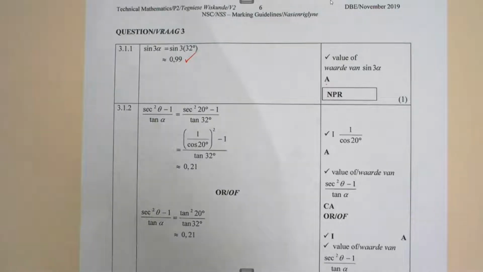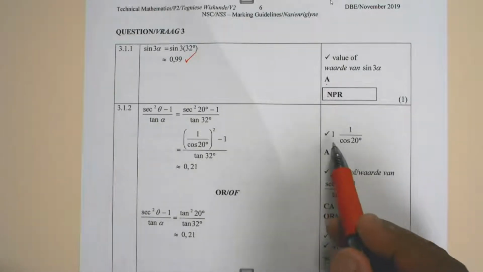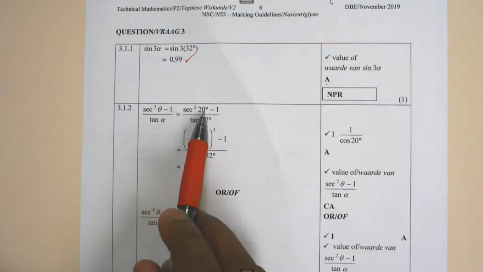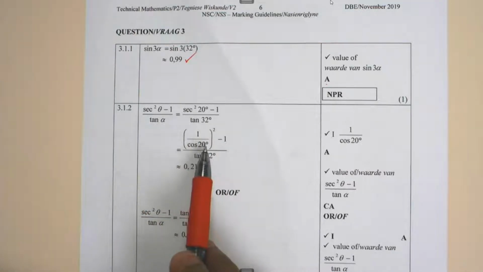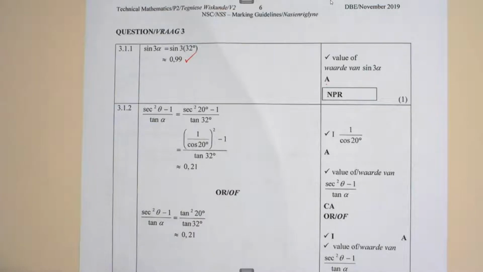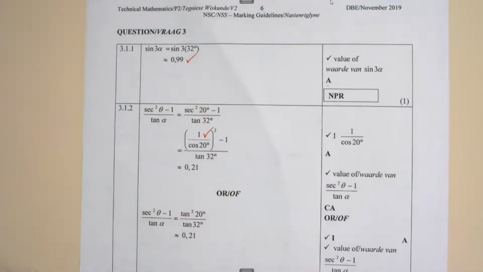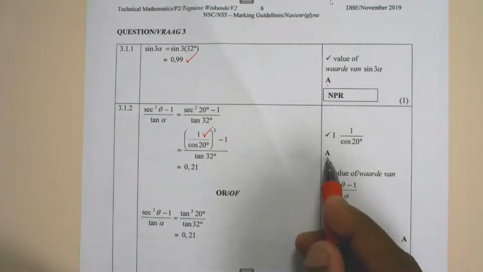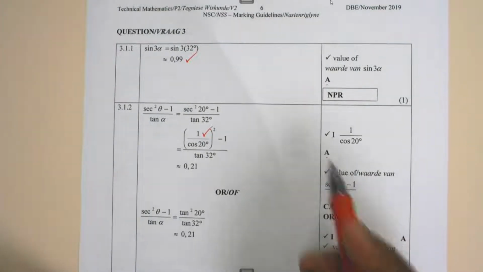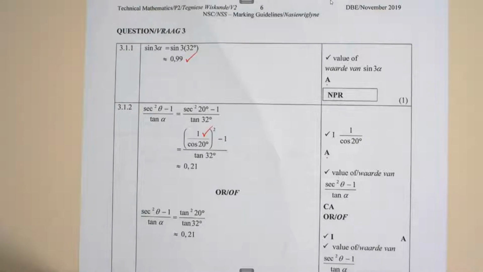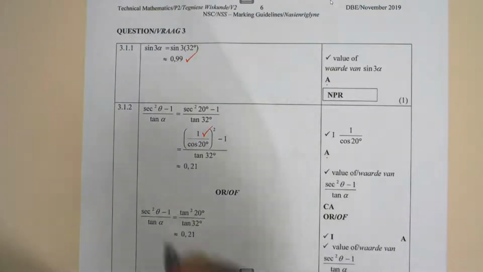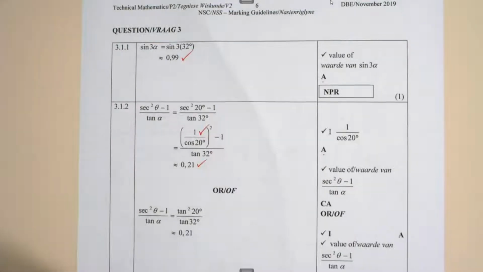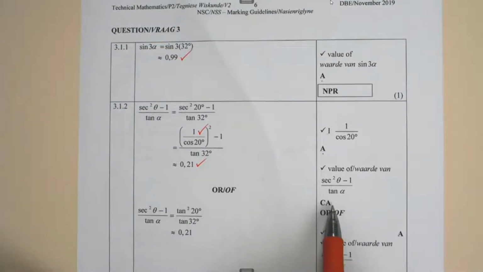The first mark is for the identity: to write sec squared 20 as 1 over cos squared 20. An identity, colleagues, 1 mark, and it must be an accuracy mark. And then the second mark will be for 0.21, and it is a CA mark.